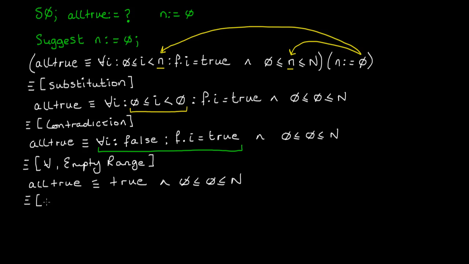Well, if we break that down, we can use the law of excluded middle, and that gives us all true is equivalent to true and 0 greater than or equal to 0.